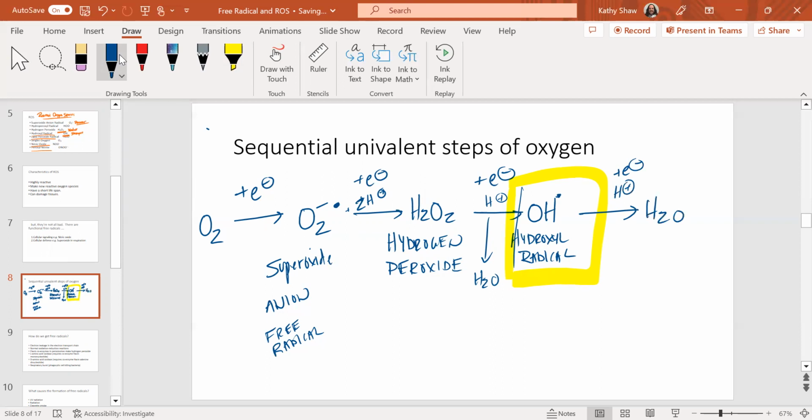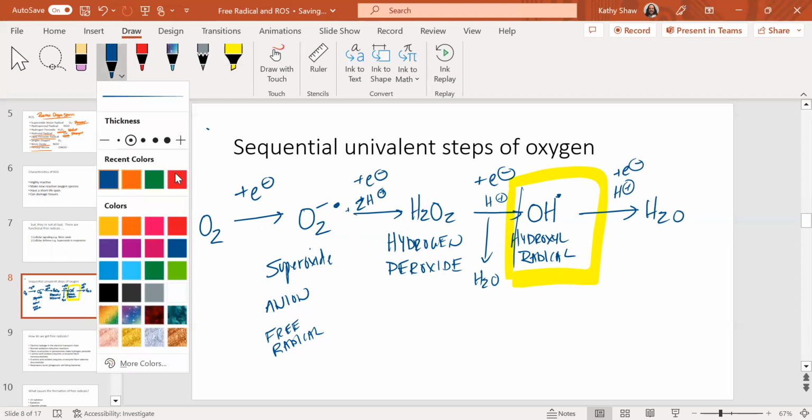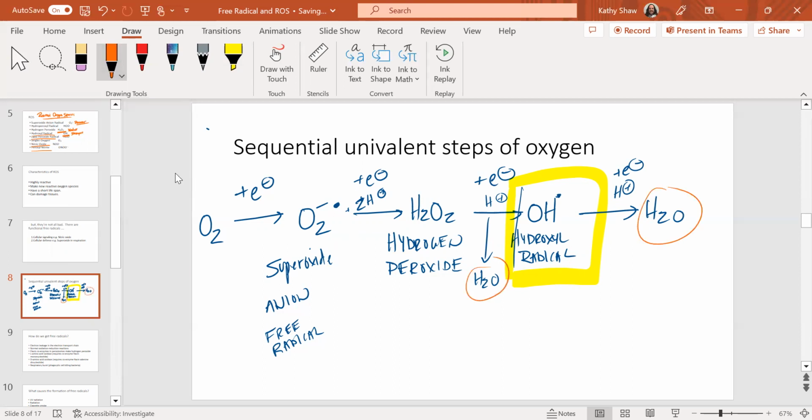So when you read and hear, you got 2 waters. Here are our 2 waters. Back when we were talking about this, we said oxidation is losing, reduction is gaining. So I'm gaining, from end to end in this story, ultimately 4 electrons. If I gain those full 4 electrons on the oxygen, I get to water. We get to where we need to be. It's the partial reduction, as in gaining not all 4, that gets us to these reactive oxygen species in between.